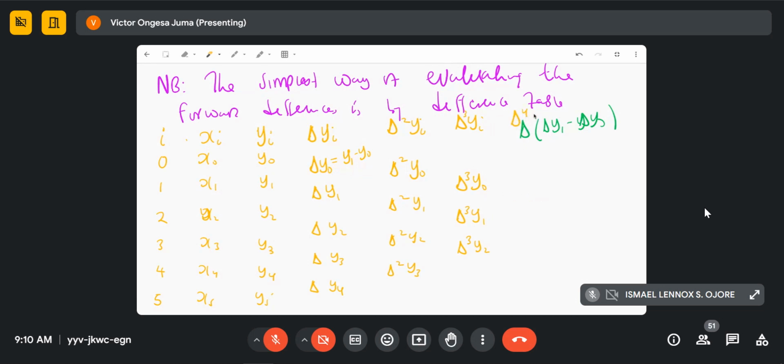And so this is delta to the 4 y0, and if this is the fifth, then this will be delta to the 5 y0. So it's a different table, that's why I'm calling it a diagonal difference table. If you follow the diagonal downwards, you are getting those values just by following the diagonals.